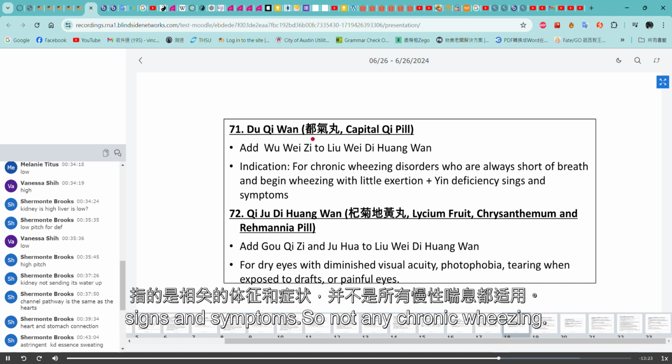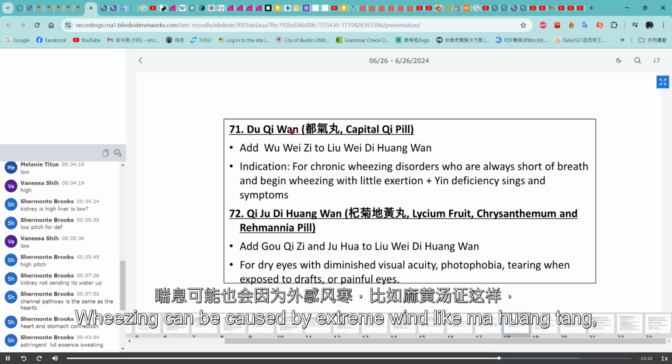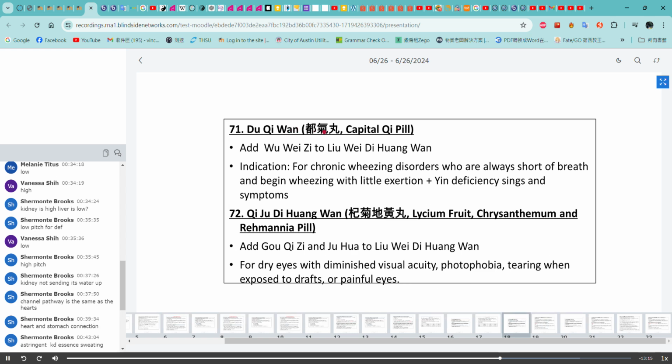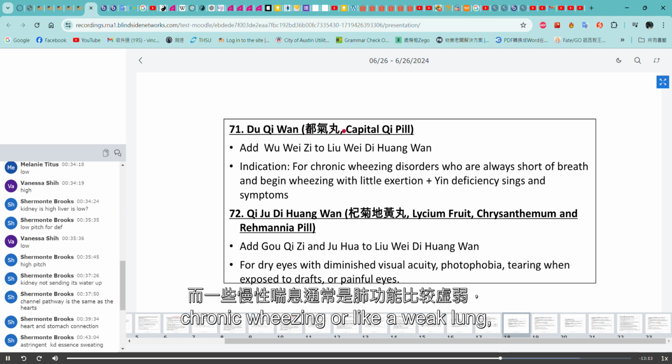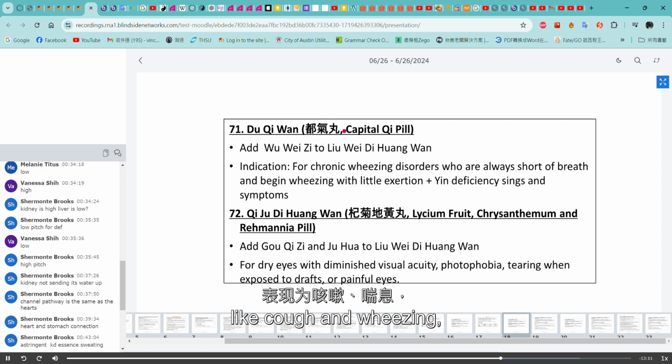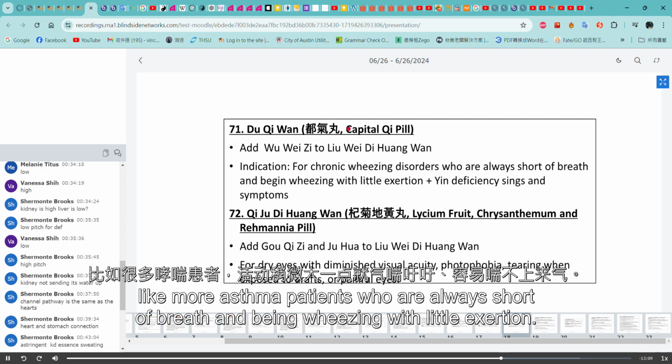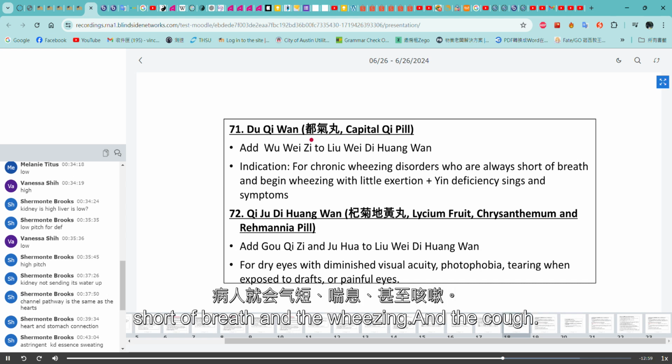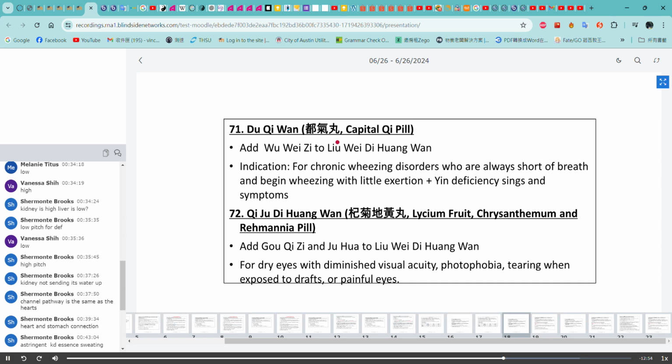So not any chronic wheezing. Wheezing can be caused by external wind, like Ma Huang Tang, like Xiao Qing Long Tang, like that. But this is chronic wheezing, or a weak lung, like cough and wheezing, like an asthma patient who is already short of breath and wheezing with little exertion. Little exertion means with a little bit of exercise or walking, short of breath, wheezing and cough.